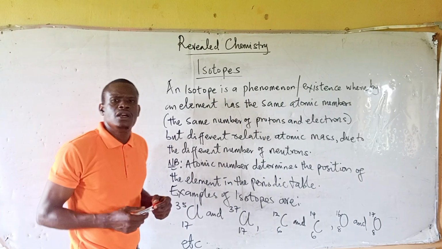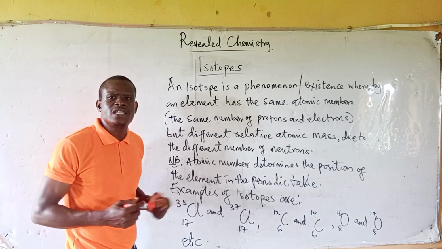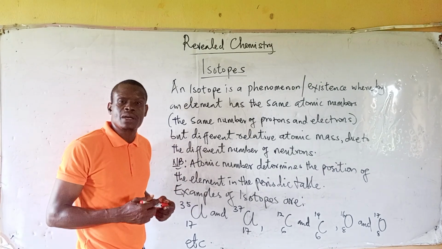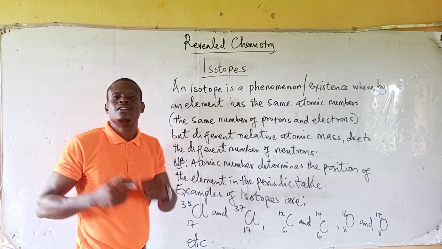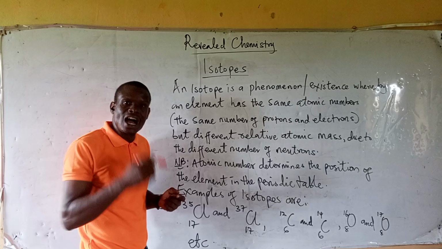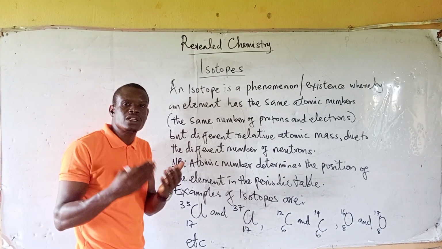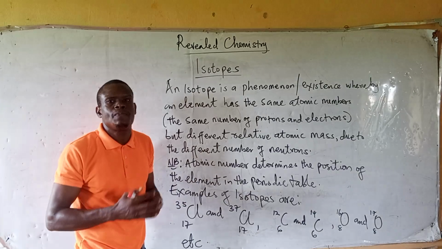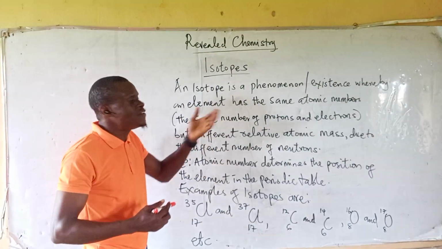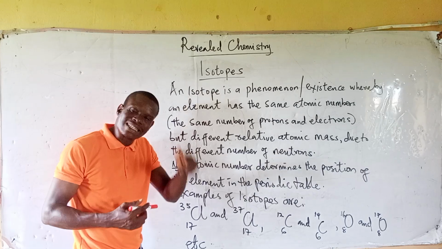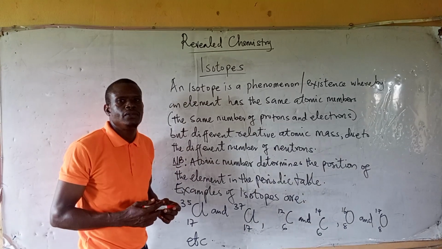Chlorine has an atomic number of 17. But in the periodic table, chlorine has two atomic masses. That is where the isotope comes in. We talk about the difference in mass number, but the same atomic number.